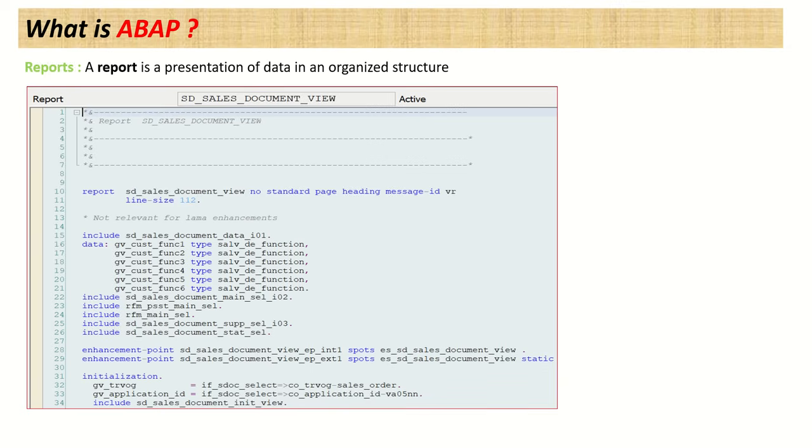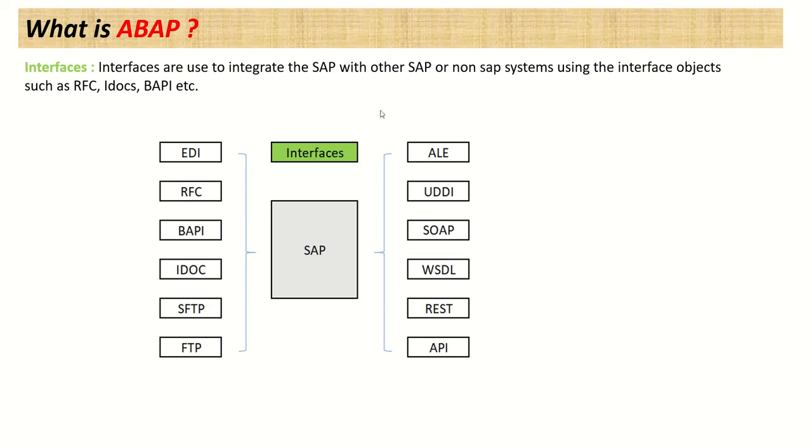This is the ABAP editor, just for knowledge purposes. This is where we write the code in ABAP. The second object we can call an interface. In SAP ABAP terminology, we have to develop interfaces, which we call RFC, remote function call, IDocs, BAPI, etc. Basically, interfaces are used for integration.